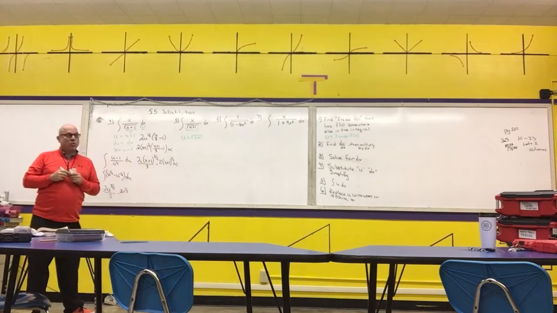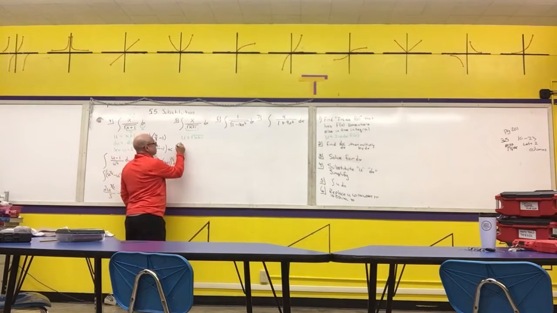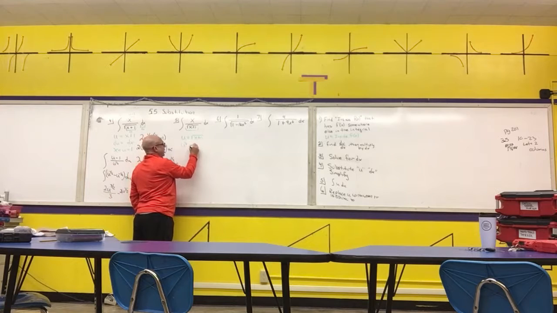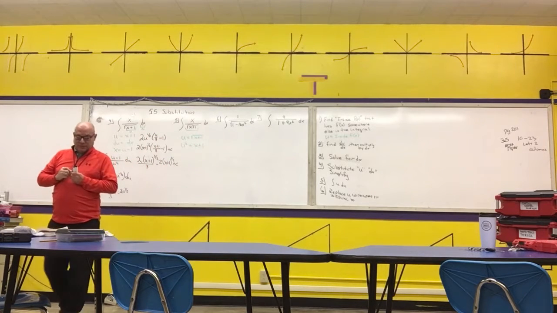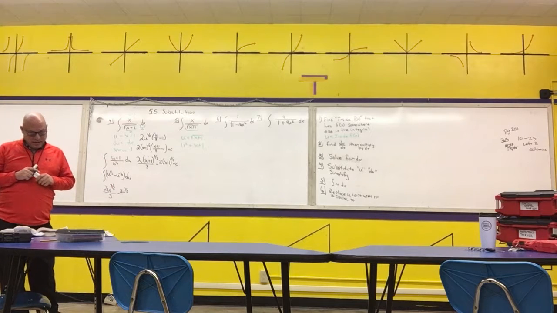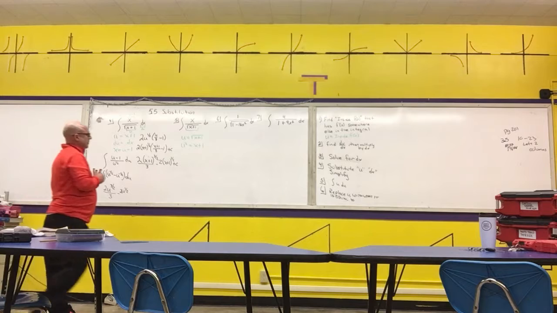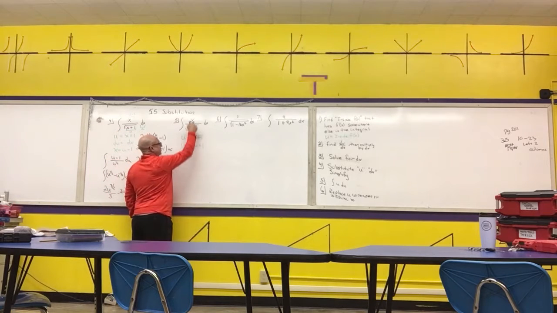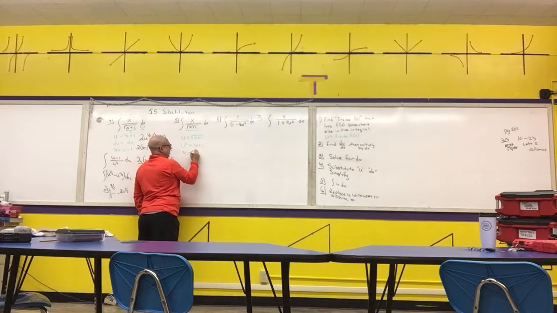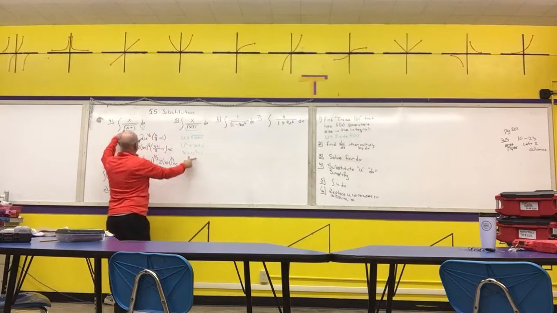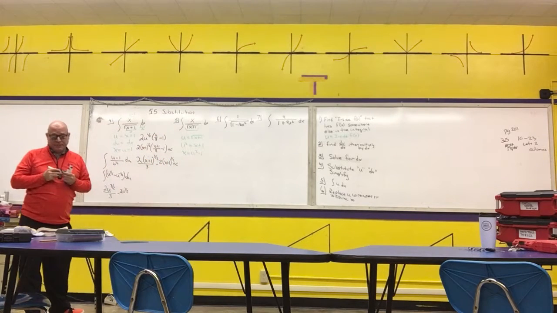Well, if I square that, I get u squared is equal to x plus 1. Okay? I'm going to solve for x because I'm going to have to substitute for an x up here, and I get x is equal to u squared minus 1. I did the same thing I did there.